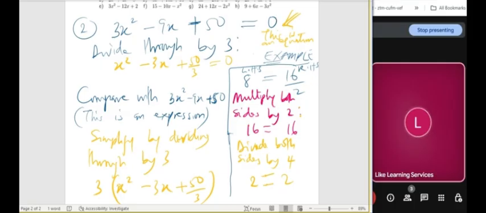16 equal to 16. So long as it is true that one side is equal to the other side, it is valid. It did not contradict itself. And when we multiplied by 2 first, we got 16 equal to 16. Then we divided by 4, we got 2 equal to 2, so it's still valid.